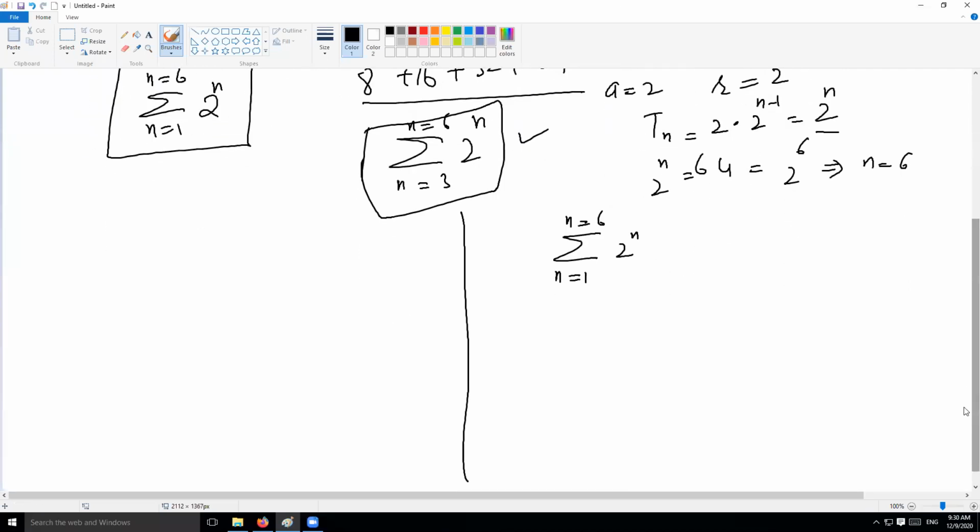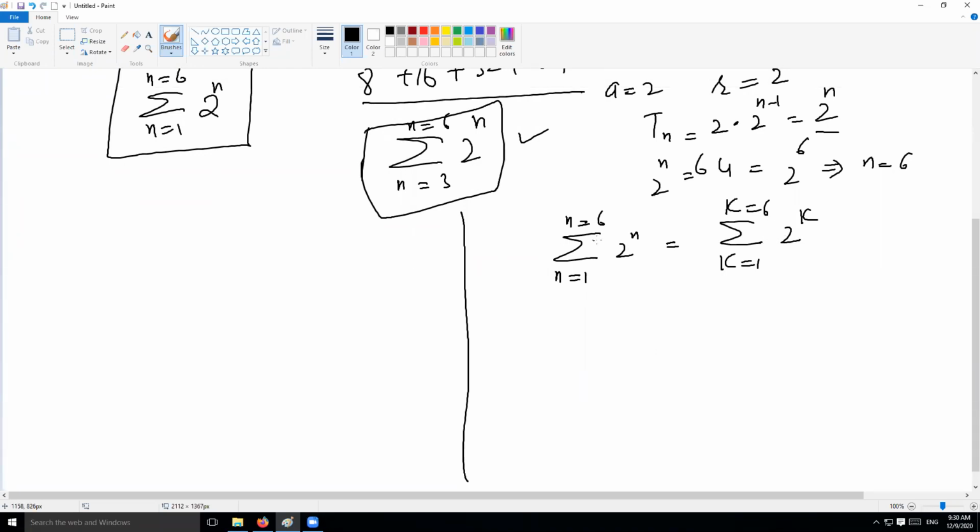But I can represent this sum by any symbol I like. The n is not the only symbol. Sometimes I'm going to write k equal to 1 to k equal to 6, 2 power k. This is also going to give me the same number, because if you substitute k equal to 1, you get 2, and if you substitute k equal to 6, you get 64.